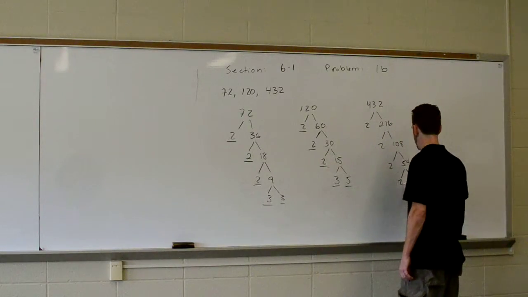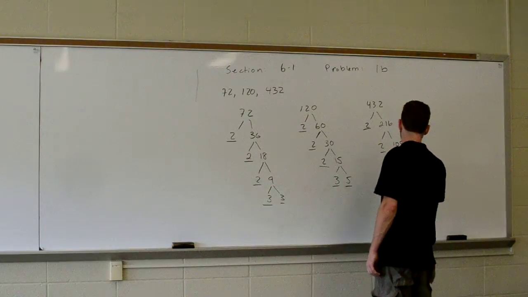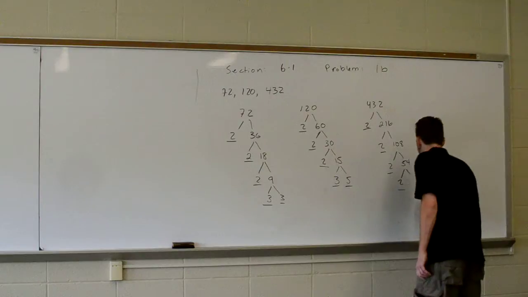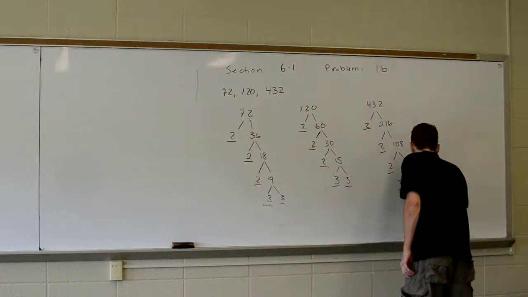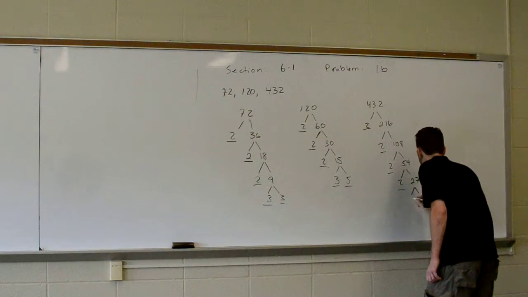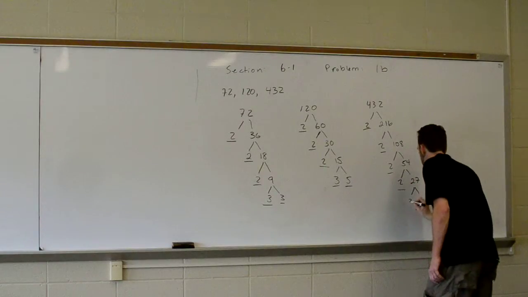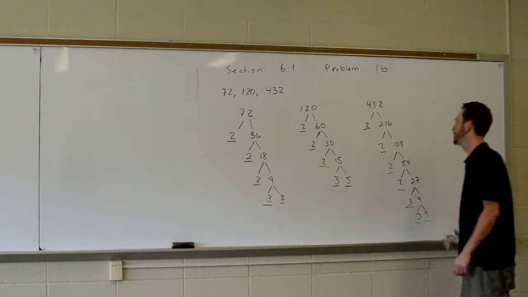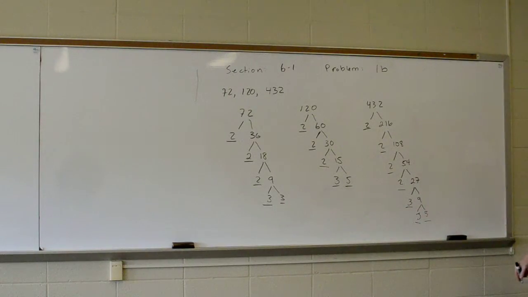All of these are prime, by the way. 54 can be split into 2 and 27. 27 is not divisible by 2, but it is by 3 and 9. And then 9 is not prime, it can be split into 3 and 3. So those are the prime factorizations of those three numbers.